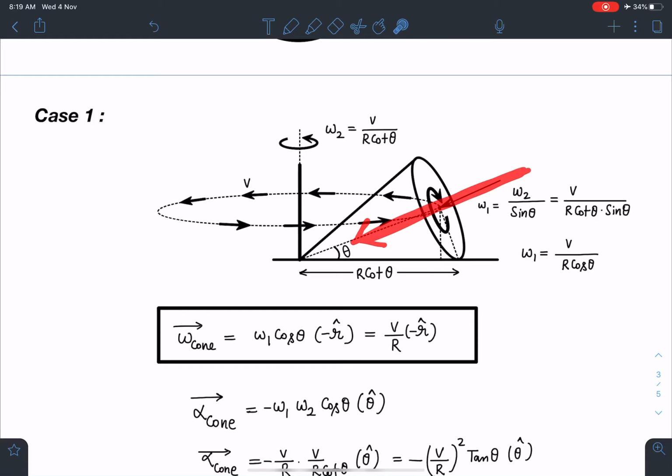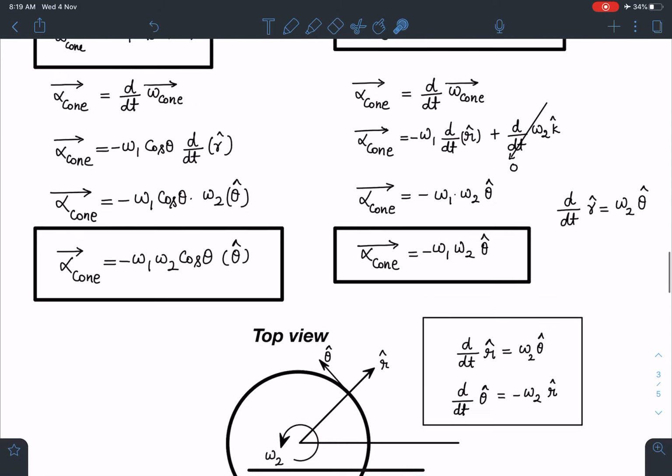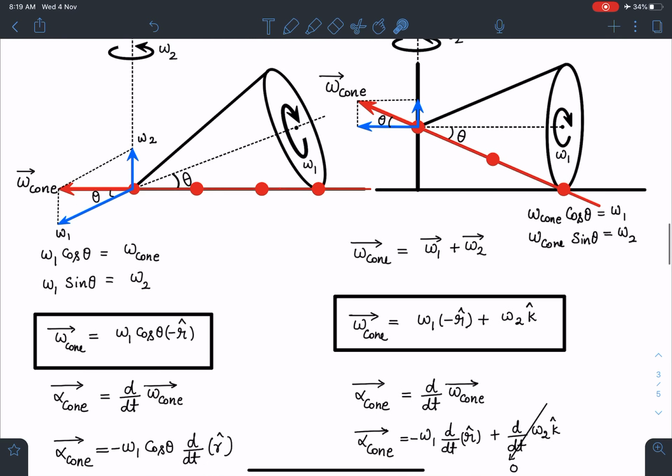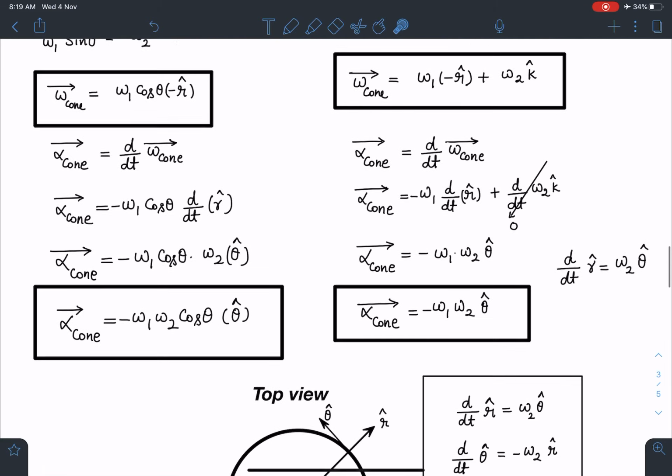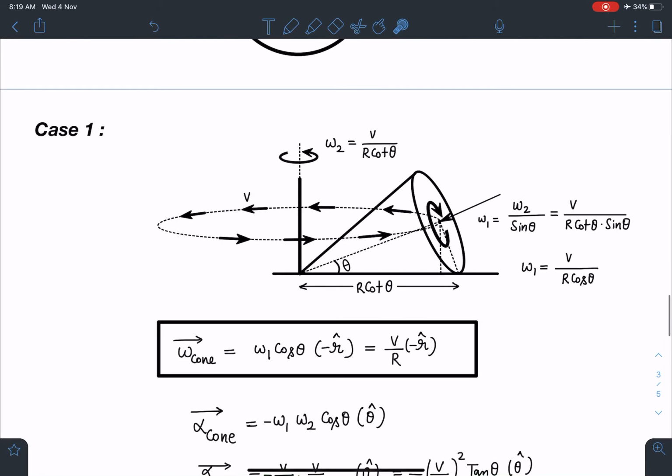Either I can use the previous relations where omega 1 sin theta is omega 2. You can see here omega 1. Let me see. So I have written here this omega 1 value. Maybe there are many ways by which I can write. One is v is into the plane.